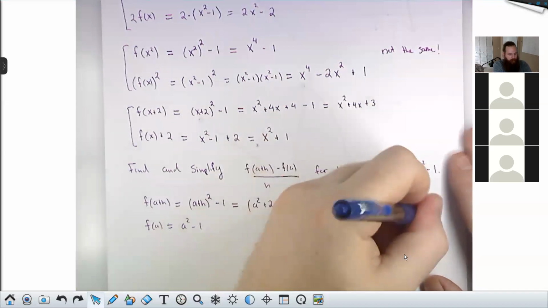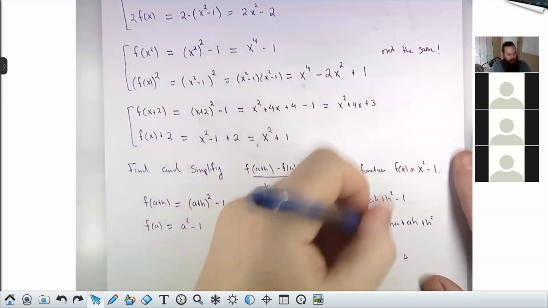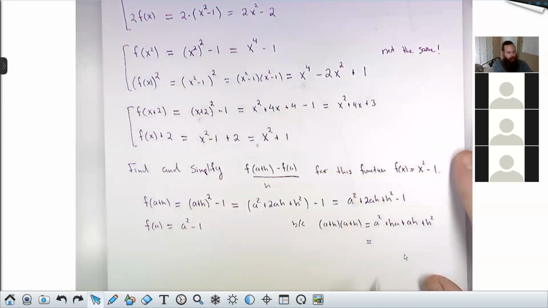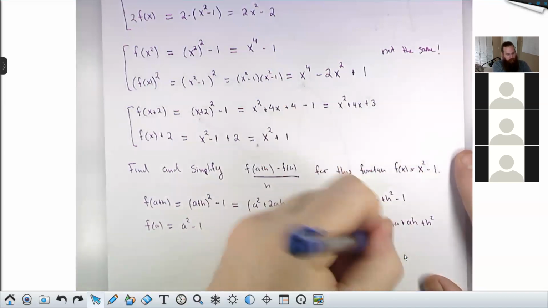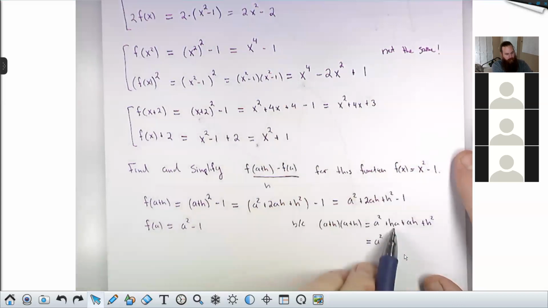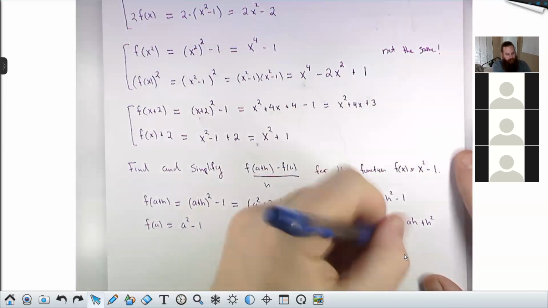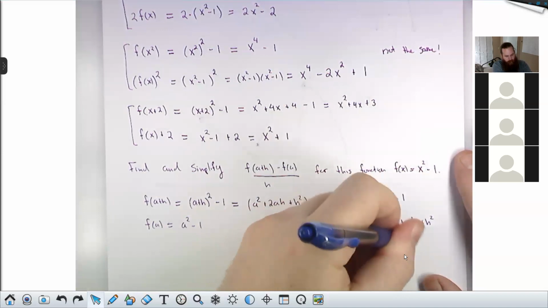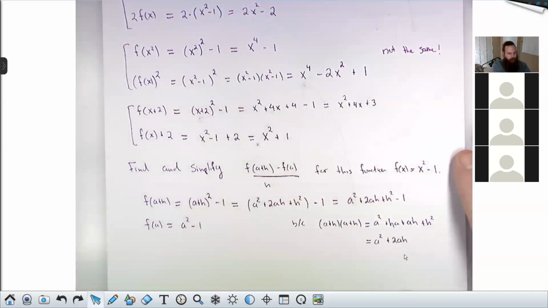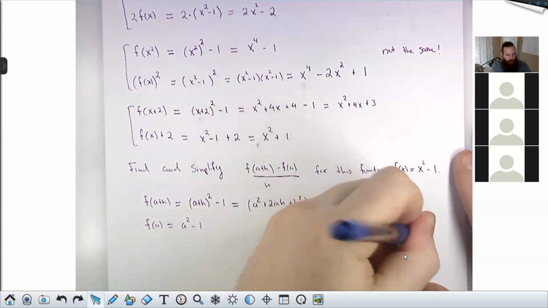And then my last h times h is h squared. So this is the same as a squared, ha and ah, they're really the same thing, that's just plus 2ah. There's 2 of them. And then I've got my h squared.